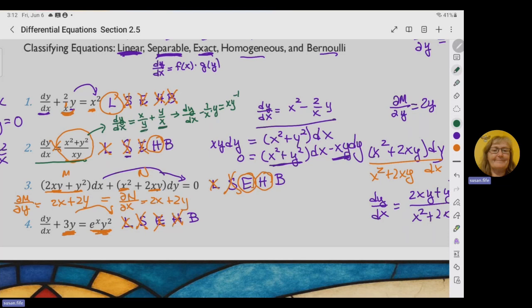That's that x over y. So notice that this is Bernoulli. This is the exact form for Bernoulli. y prime plus p of x y equals q of x times y to the n, where n is not 1 and n is not 0. In this case, n is -1.